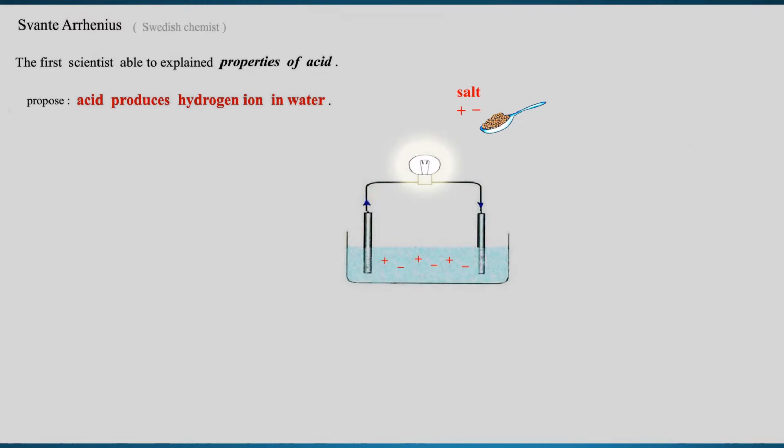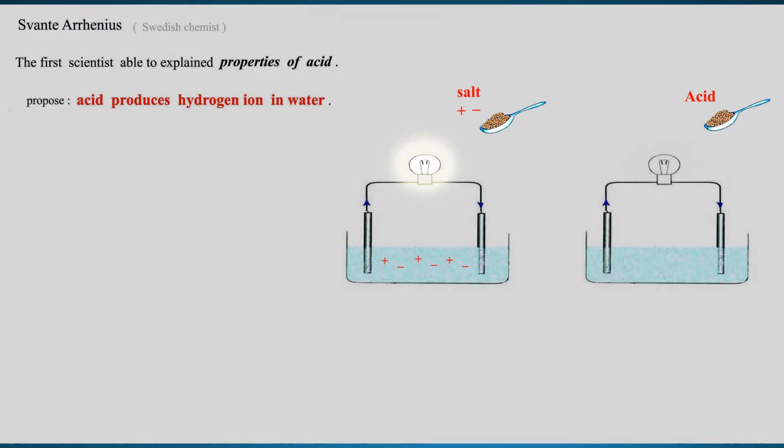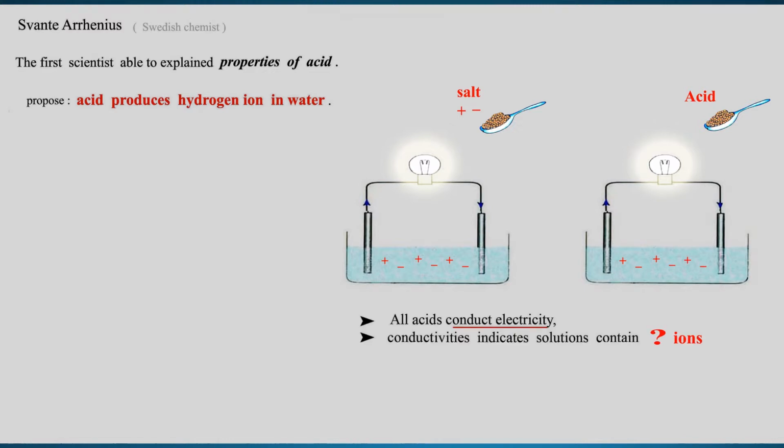And he did another experiment. He put acid into water. Very surprisingly, the light also glowed, and he started to suspect that all acids seem to conduct electricity like salt.